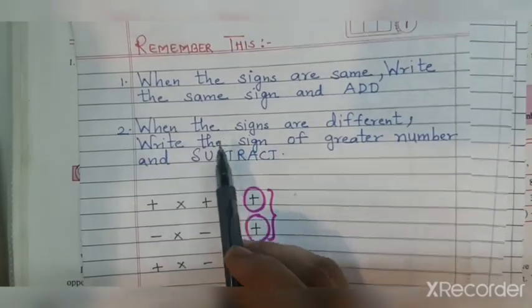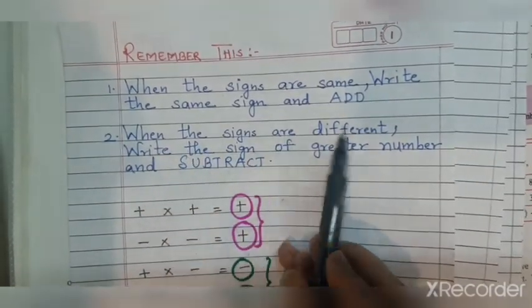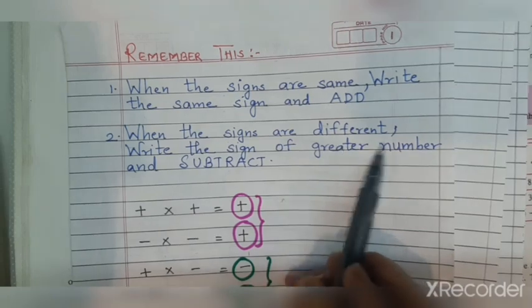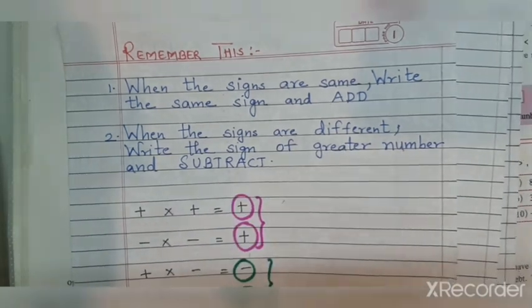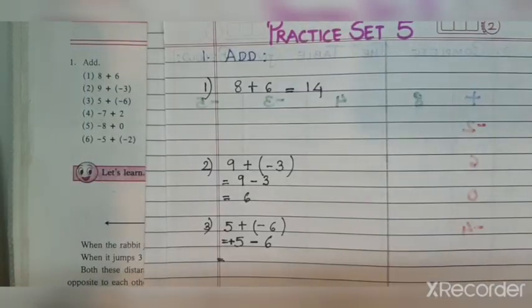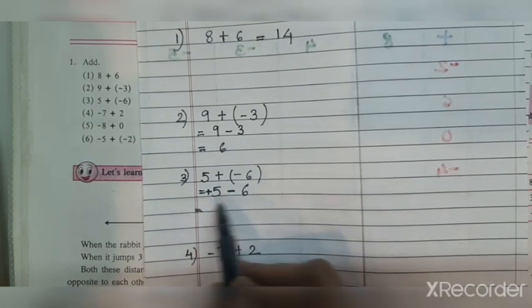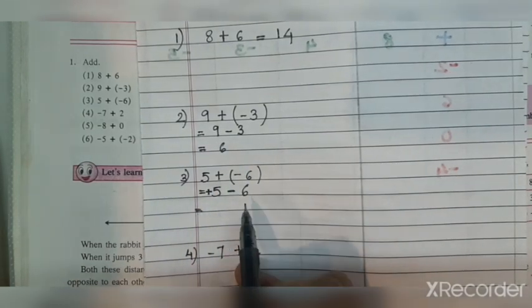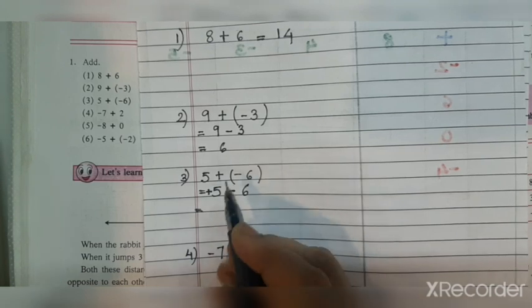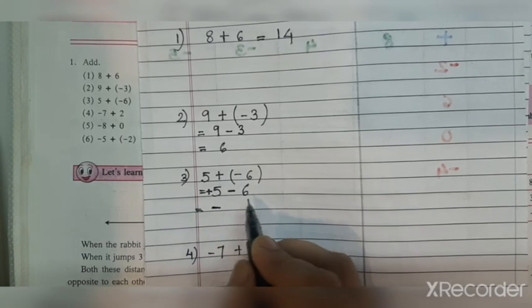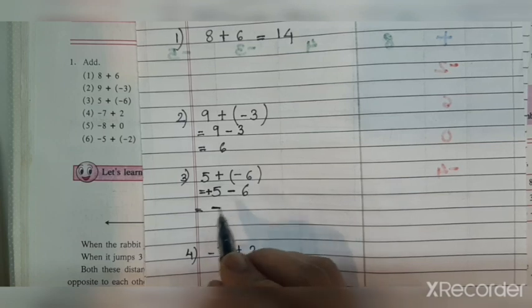What happens when the signs are different? When the signs are different, write the sign of greater number and subtract. So we follow that. Signs are different, write the sign of greater number. What is a greater number? 6. What is the sign for 6? Minus. So when the signs are different, write the sign of greater number and subtract.